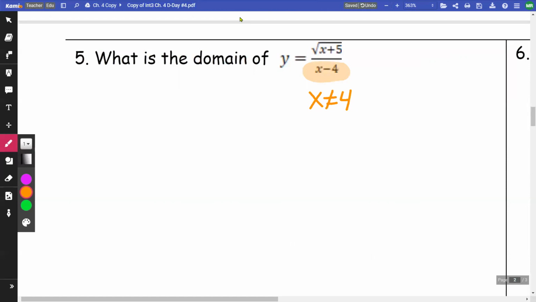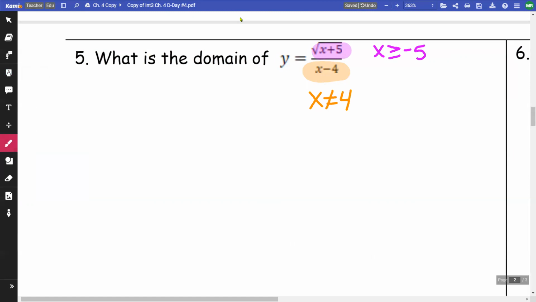Okay. But when we have a square root, we also have to be careful because the square root cannot have a negative underneath it. Otherwise, that makes it imaginary. So for that part here, x has to be greater than or equal to -5 because -5 would make it 0. Anything bigger than -5 would make it positive, but anything smaller than -5 would make it negative.